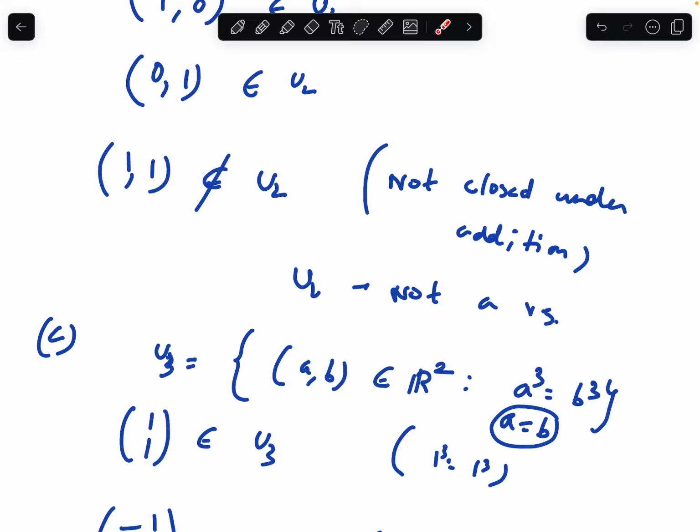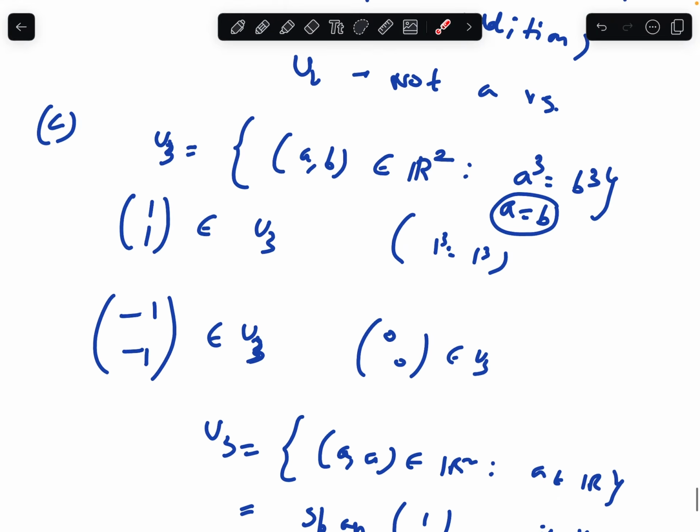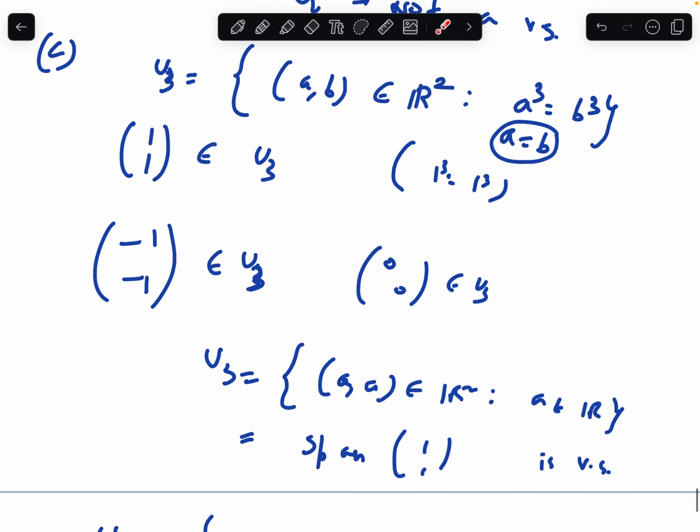This just means the same as saying that a equals b, and therefore U3 is equal to {(a, a)} where a is a real number. So this is nothing but the span of (1, 1), right?